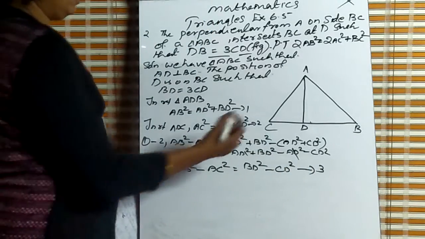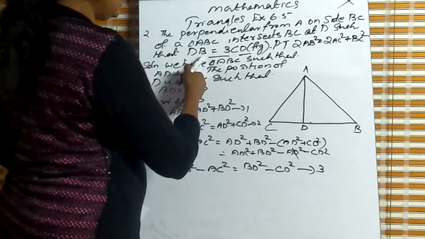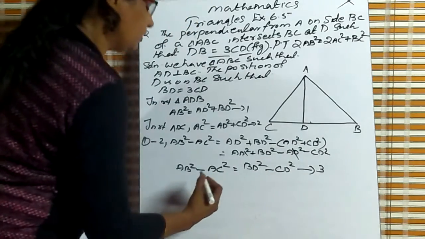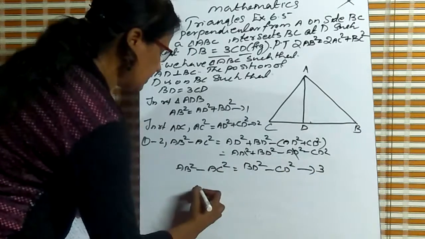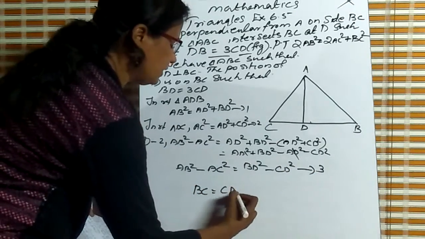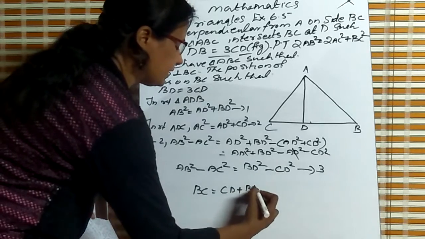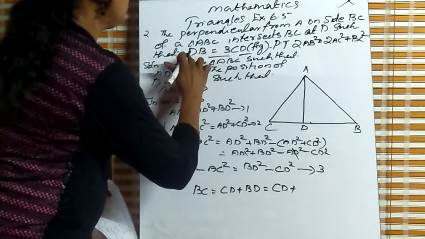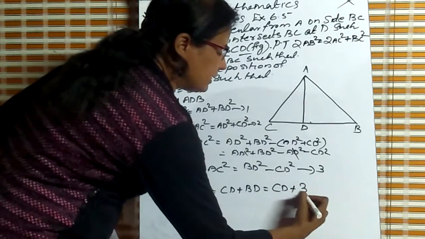Then given one condition, BD is equal to 3CD. What is BC? From the figure, BC is equal to CD plus BD, equals CD plus, what is BD, or DB is equal to 3CD.